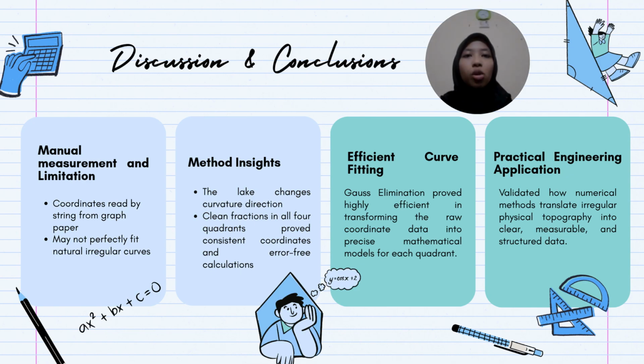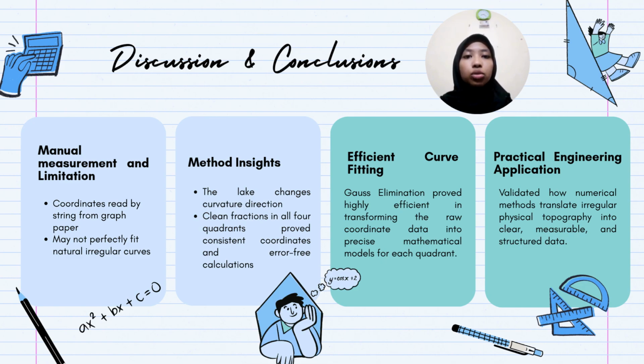Another thing we observed was during the back substitution step, clean fractions in all 4 quadrants prove consistent coordinates and error-free calculation. For all 4 quadrants, the results came out as clean, simple numbers without messy decimals, which means the graph paper coordinates only have 1 decimal point.